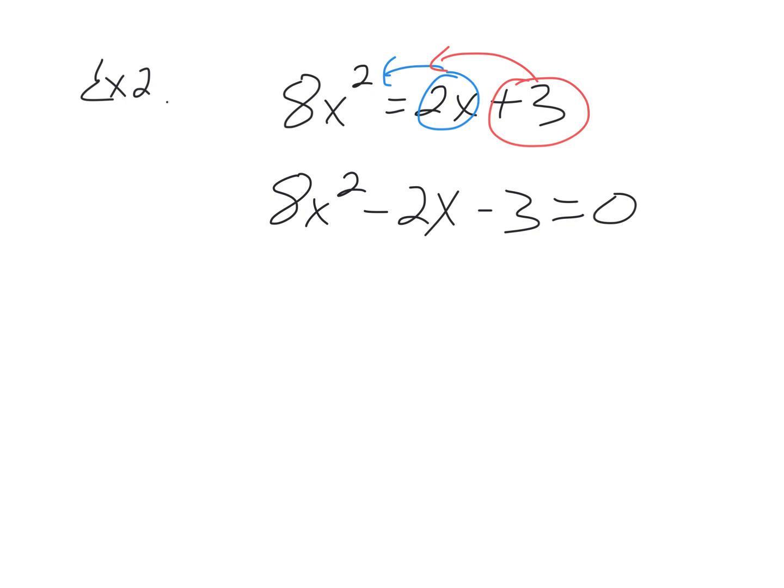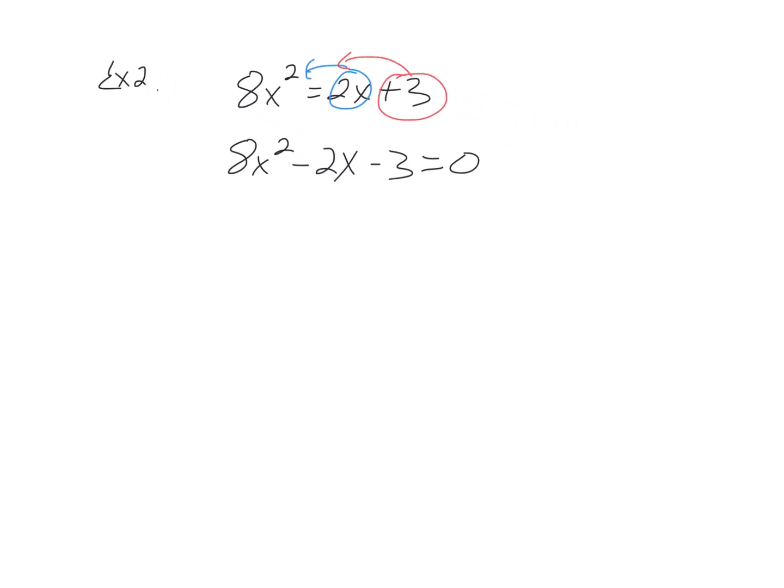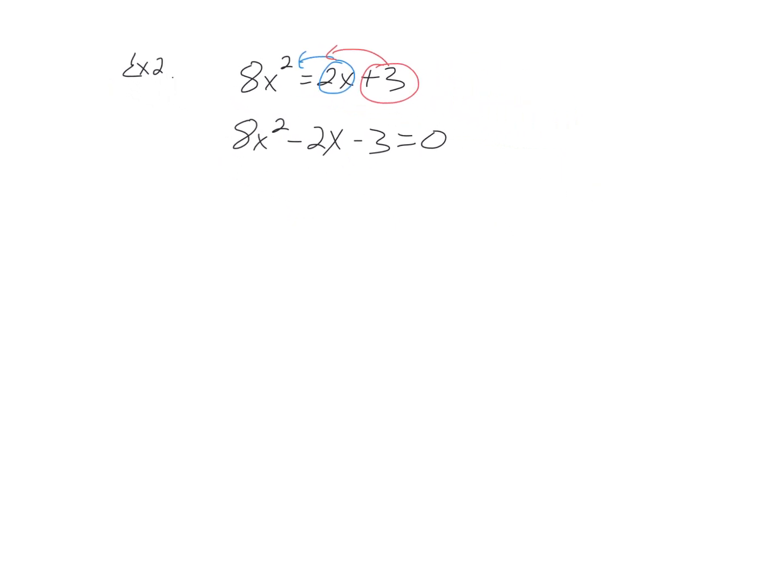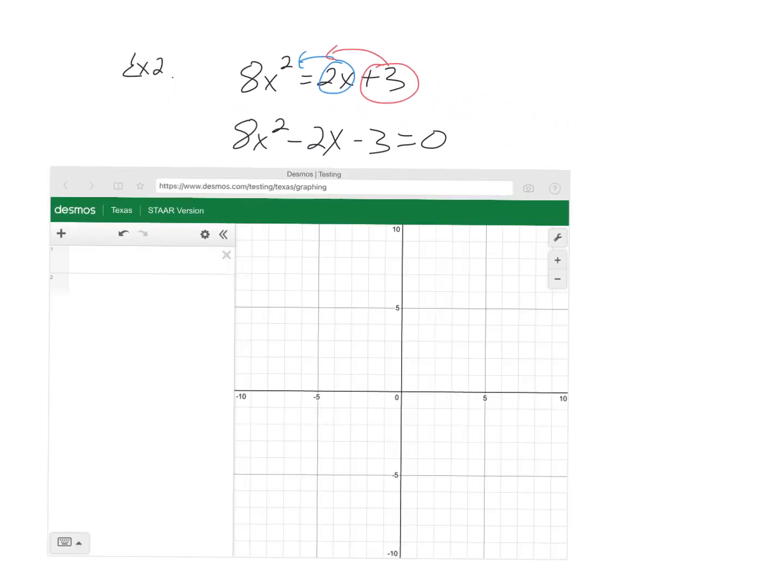At this point, I'm going to be able to pull up the Desmos star version graphing calculator and graph it. Again, in here, I'm simply going to put this equation exactly as I see it. We don't put the equals 0. It's kind of like saying y equals, and then this is all we put.